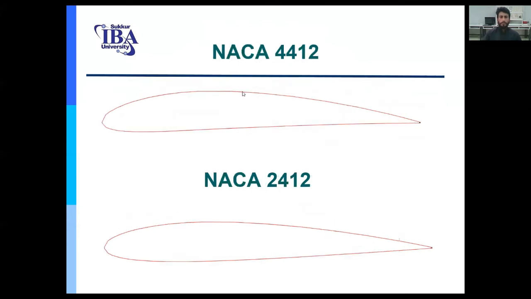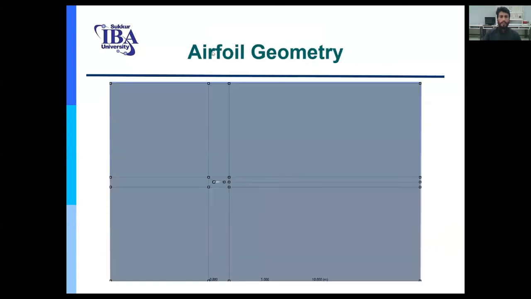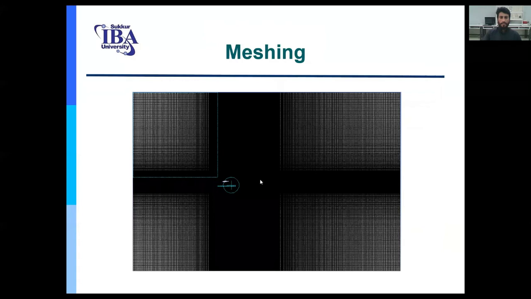This geometry shows the airfoil of NACA 4412, and this geometry is for NACA 2412. This is the airfoil geometry we made in Ansys. This is the meshing, where we meshed each airfoil.